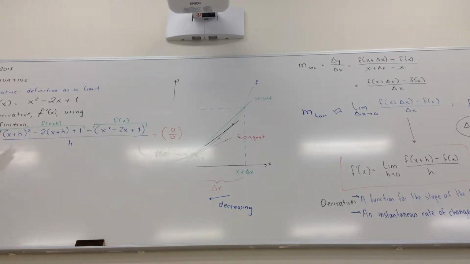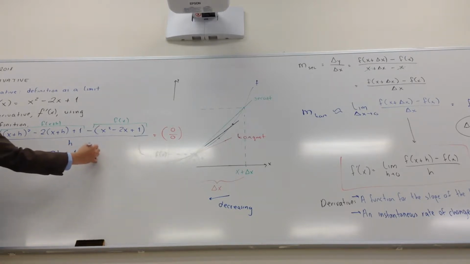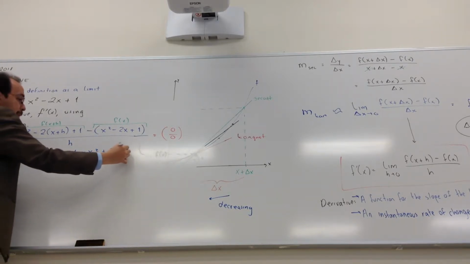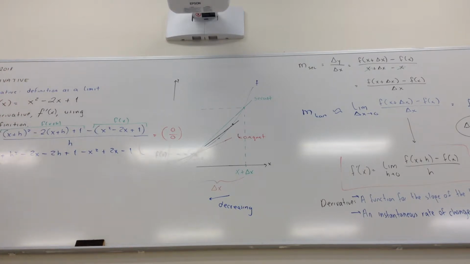Whatever applies. So in this case, we have an element to the square, this one, and you need to expand everything. So, limit h approaches 0 of x squared plus 2xh plus h squared minus 2x minus 2h plus 1 minus x squared plus 2x minus 1 over h.